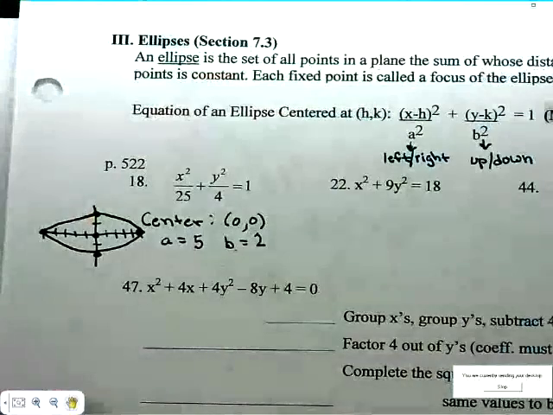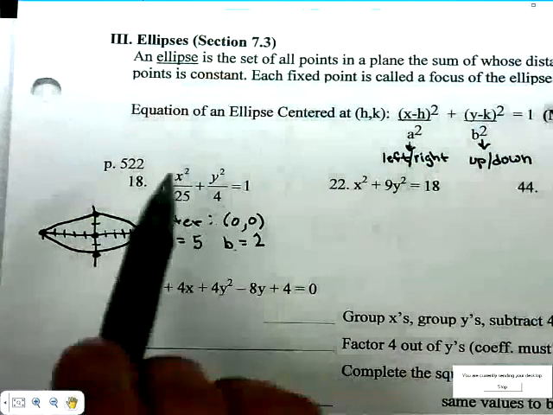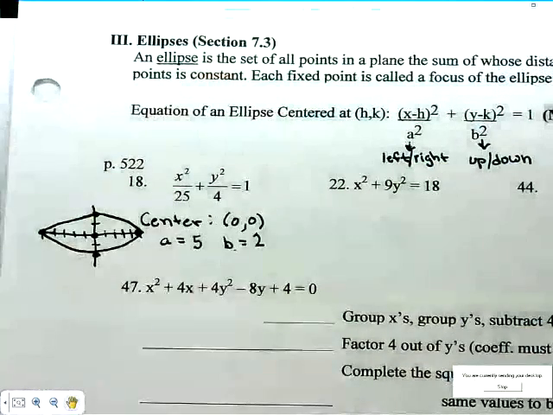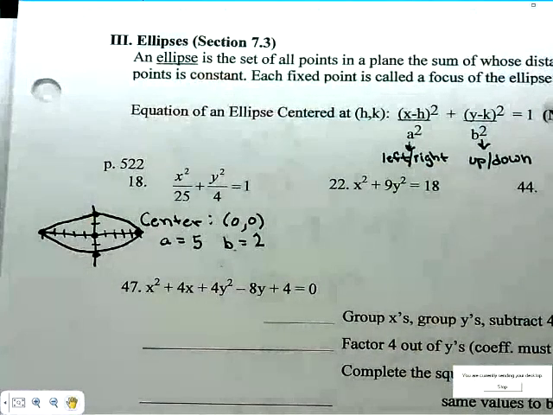That's an ellipse that's wider than it is tall. How could I have told from the original equation that it was going to be wider than it was tall? The a was bigger than the b. The a tells you how far to go left and right. The b tells you how far to go up and down. So if a is bigger than b, it's going to be wider than tall. If b is bigger, it's going to be taller than wide.